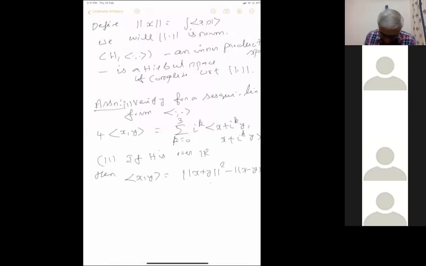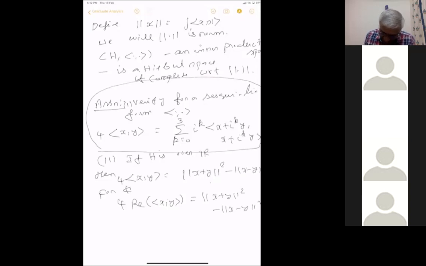You just write the inner product of x plus y with x plus y, use the linearity, and you will get it. Here I will get a 4. Usually this is 4 for complex numbers, but here you will get 4 times the real part of the inner product of x and y equals norm of x plus y squared minus norm of x minus y squared. That's what you will get. So only this is the assignment.